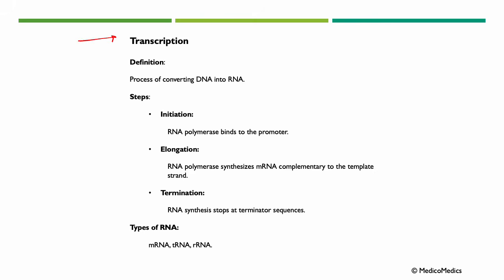Now, we mentioned in the previous slide rifampin, and we said that it blocks or inhibits RNA polymerase. So why is it clinically relevant? Let's connect the dots. Transcription is the process of converting DNA into RNA.